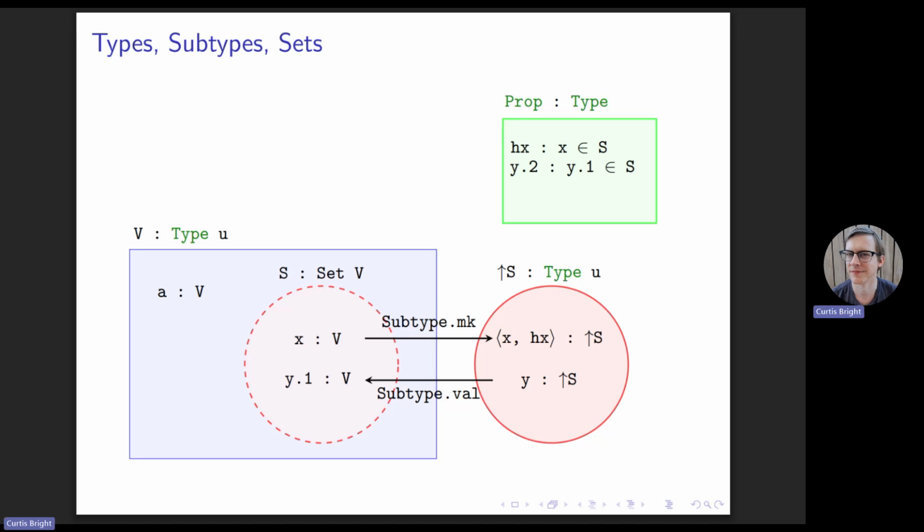And vice versa, if we have something belonging to this type, so y is of type S, then we can coerce it back to an object of type V by taking the first value of that term. And we have y.1 has type V, and y.2 has type y.1 is contained in S.